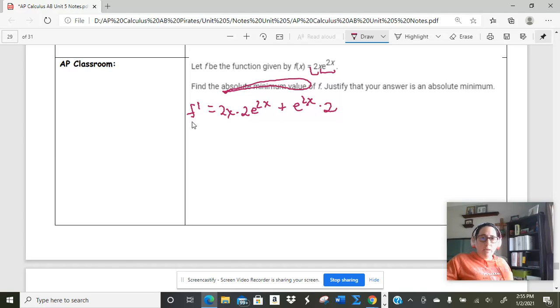And then I'm going to go ahead and factor out what I can. So there are no denominators, only zeros. e to the 2x times 2 could never equal 0. So my only critical number is negative 1/2.